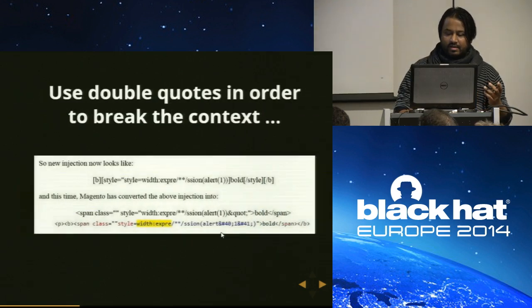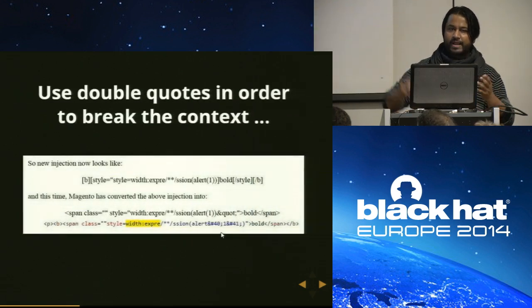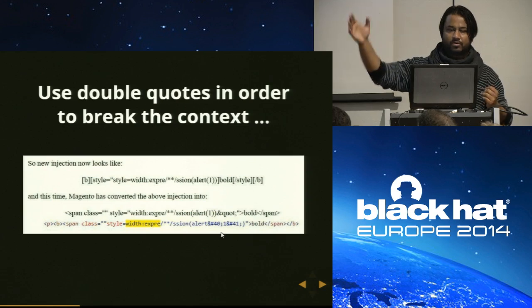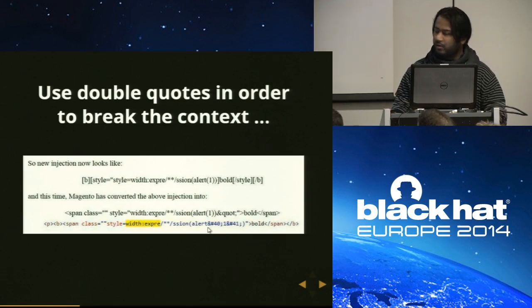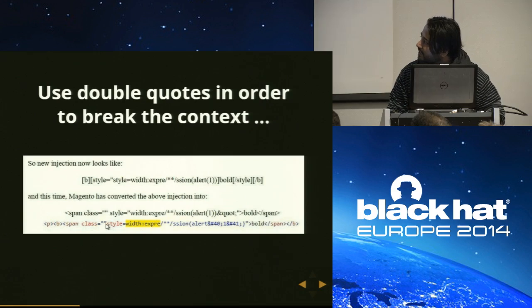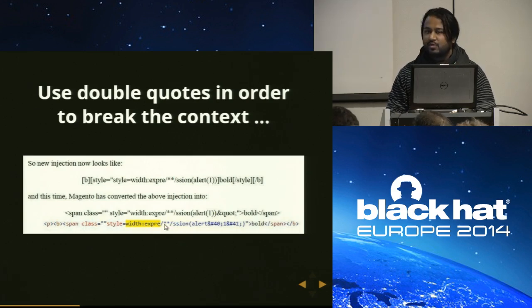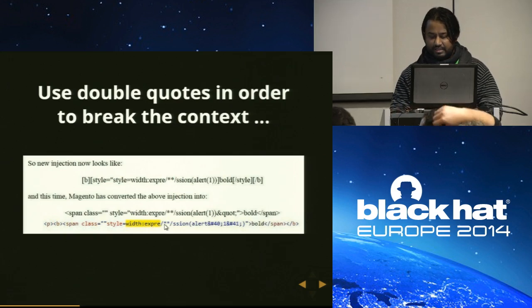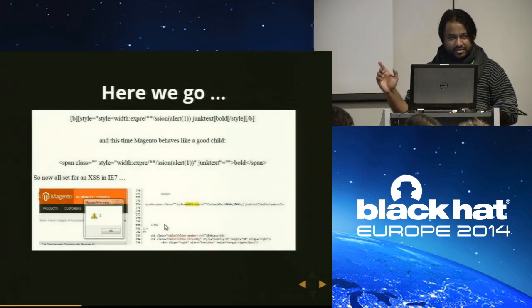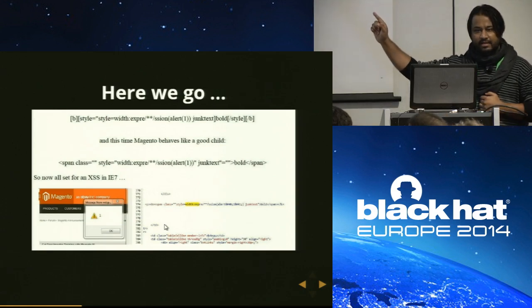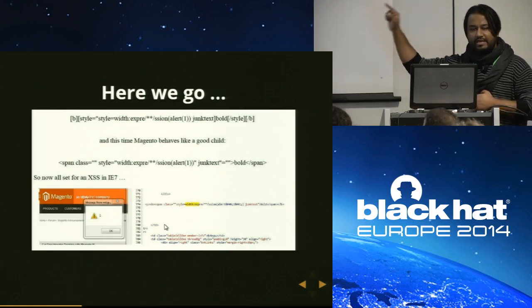Simply, in order to break an attribute context, use double quotes. Now I use a double quote. See, style is equal to double quote style. What happens internally? The class attribute has been closed with an empty value, and now style has a value that I want. So, on the next page, we have an XSS in old IE browsers.